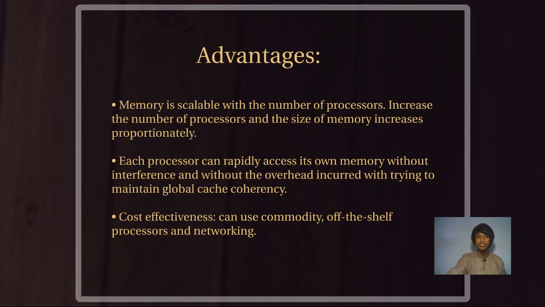Each processor can rapidly access its own memory without interference and without the overhead incurred in trying to maintain global cache coherency. Cost effectiveness: can use commodity, off-the-shelf processors and networking.